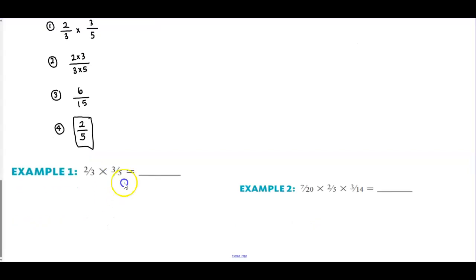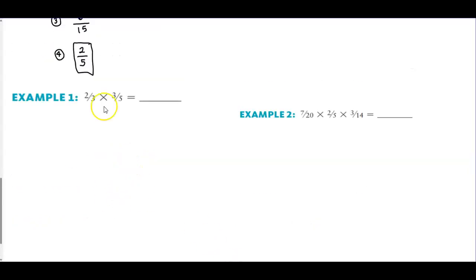So let's take a look at example 1 down here. So we have 2/3 times 3/5. Okay, now if you notice that when we multiply these together, we end up getting 2 times 3 and 3 times 5.